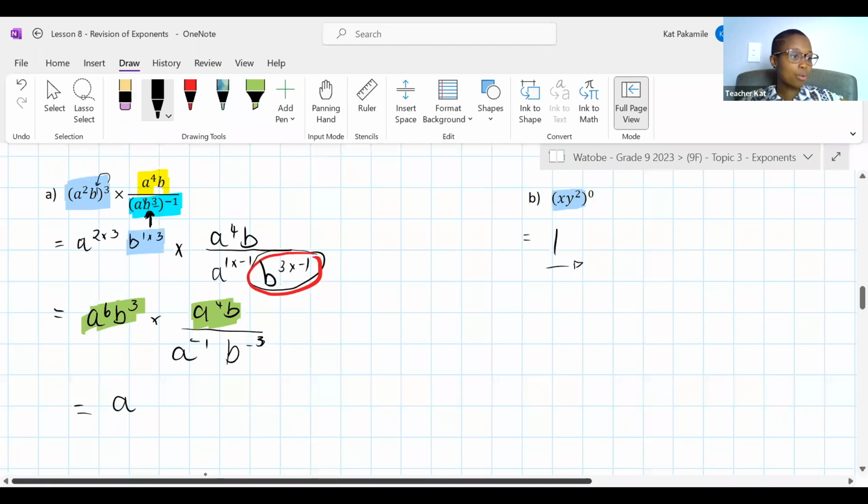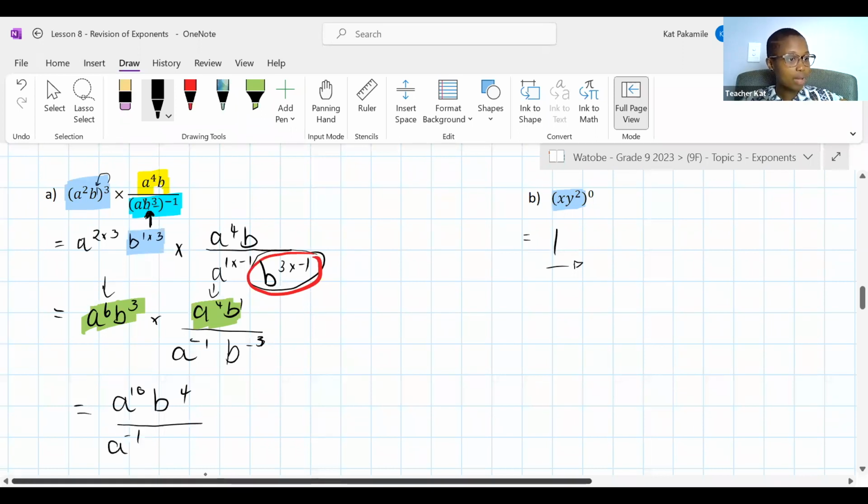So now we're working with A. 6 plus 4 is how much? 6 plus 4 is 10. And then we move on to B. B is 3 plus 1, which is 4. We are done with the multiplying, right? Yes, ma'am.